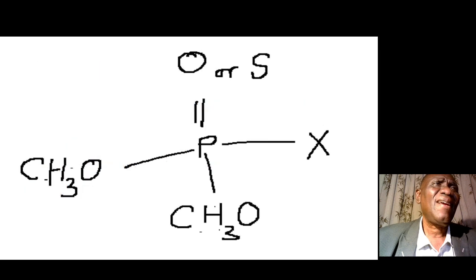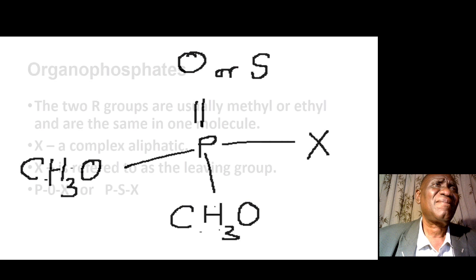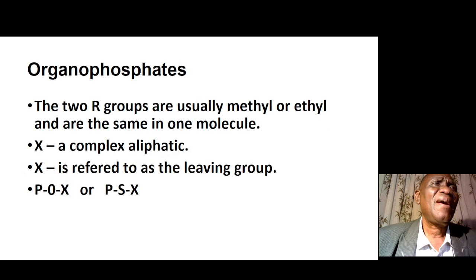These should be the same. X is a complex aliphatic. It means there are a lot of carbon atoms there, and X is referred to as the leaving group. It can be POX or PSX, O and S representing oxygen and sulfur respectively.